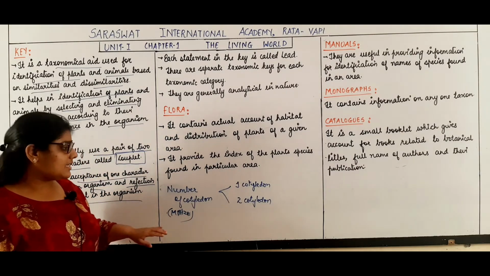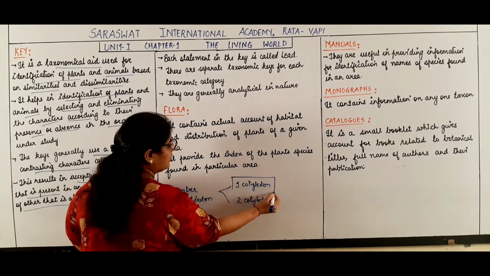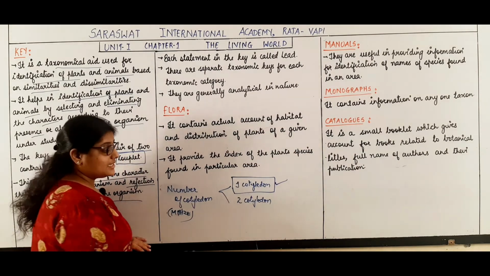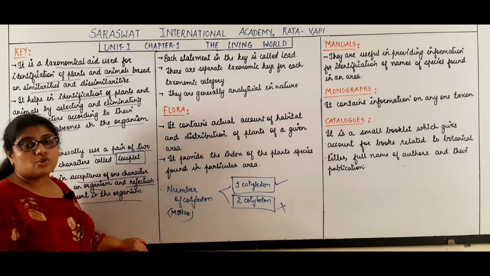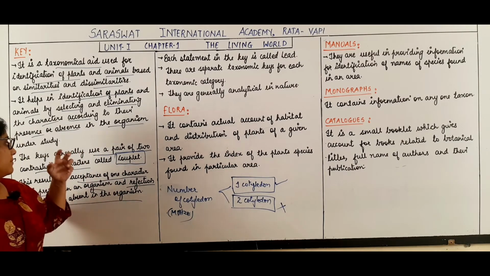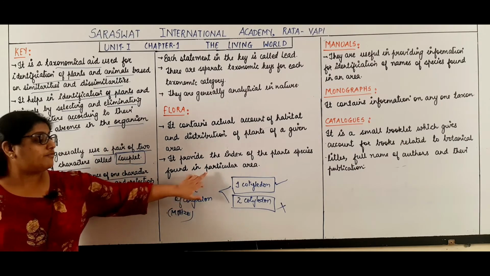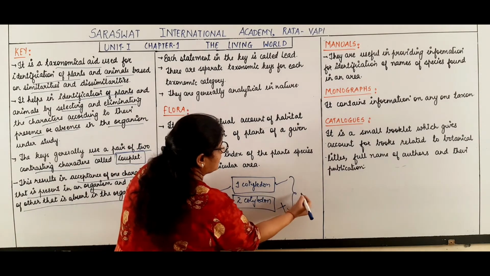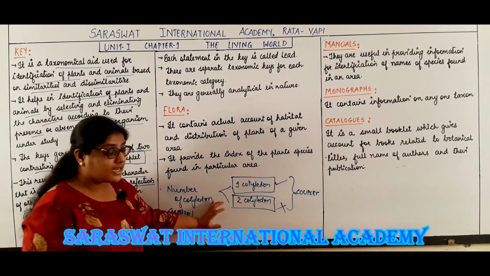When I consider maize, how many cotyledons are there? 1 cotyledon. So I will accept this character, and the other character, that is 2 cotyledons, will be rejected. So keys have a pair of 2 contrasting characters, and this pair is called a couplet.